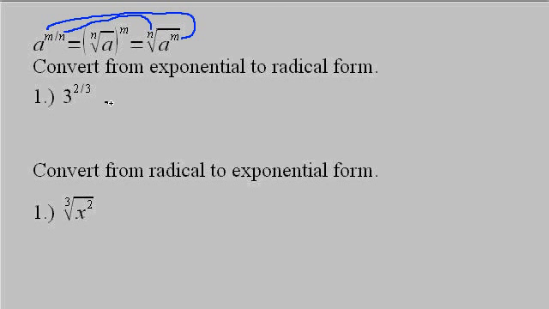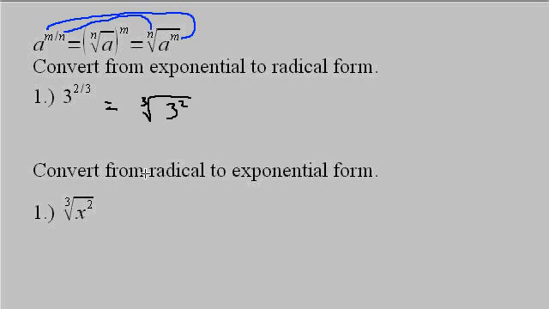Alright, so this is going to be 3 to the m, and m is in the numerator, so that's 2. And then n is our index, that's in the denominator, so that's a 3. So it's the cube root of 3 squared.